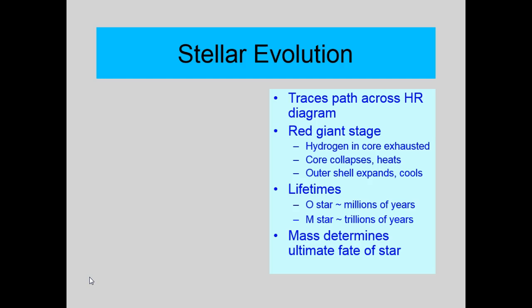Well, when the outer shell expands like that, it cools. And when it cools, it goes down from being blue or white or yellow or orange to red. And that is what we call the red giants. Those are those over in here of the Hertzsprung-Russell diagram we call the giants.